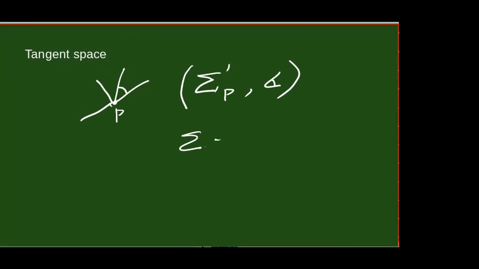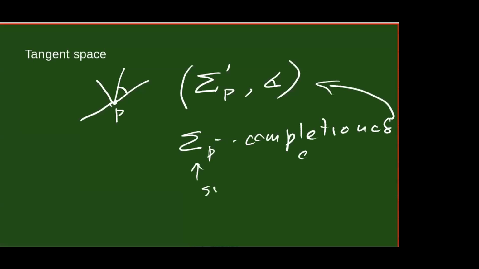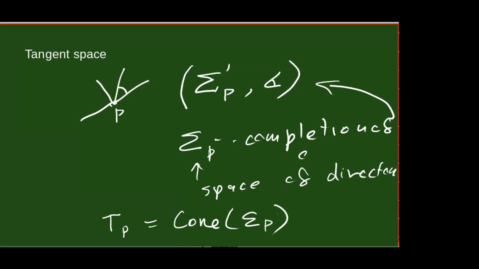Sigma P is the completion of this one, and this is called the space of directions. And finally, the tangent cone at the point is the Euclidean cone over sigma P.